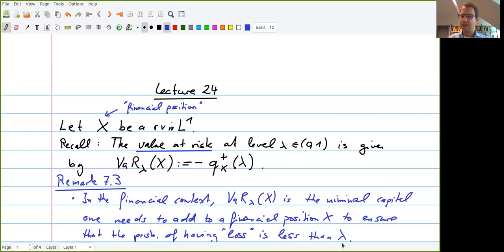So losses means that our financial position, or random variable, takes a negative value. So if we have our exposure in the market modeled by X, the value at risk gives us the minimal capital, so the cash position we need to add to this financial position in order to ensure that the probability that we make losses is less than lambda.